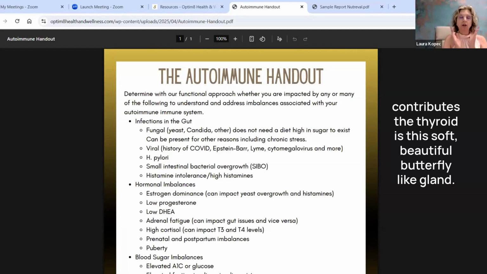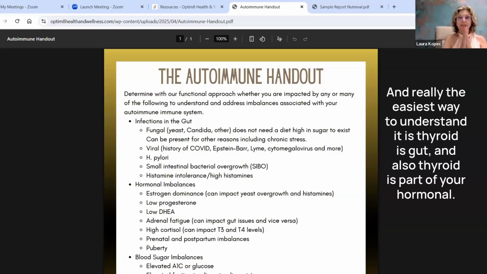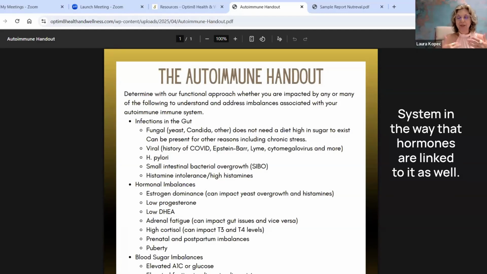The thyroid is this soft, beautiful butterfly-like gland. And really, the easiest way to understand it is thyroid is gut, and also thyroid is part of your hormonal system in the way that hormones are linked to it as well.